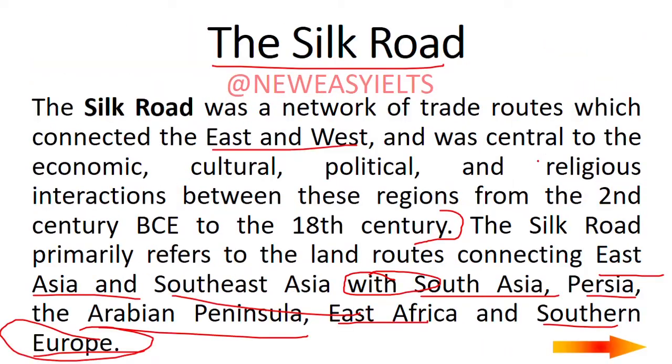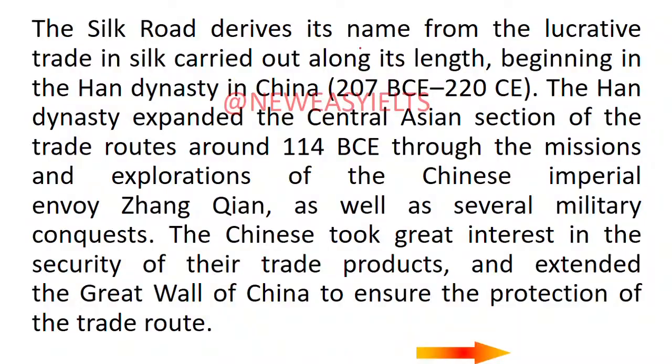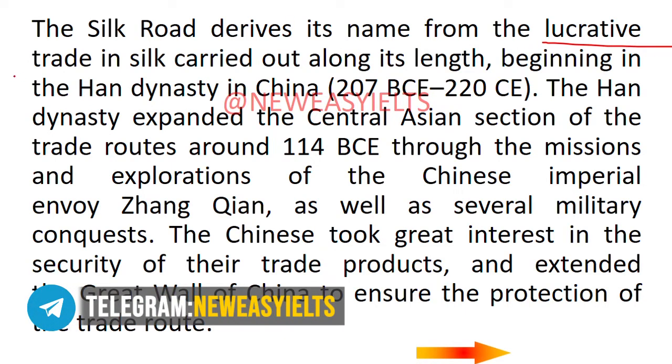We have just read the first paragraph and there is nothing about it, so now we go for the second paragraph. The Silk Road derives its name from the lucrative trade in silk. If you know the meaning of lucrative, you can easily know the answer.